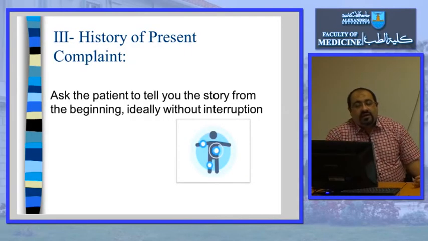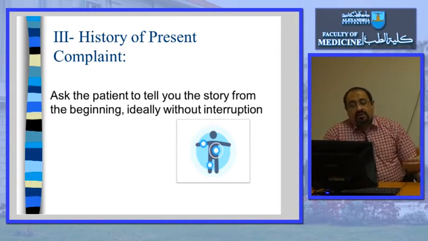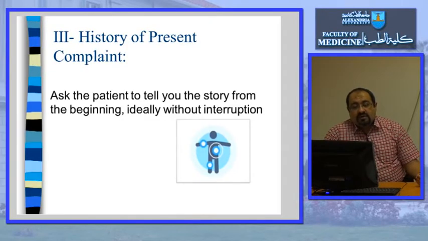After taking the complaints of the patients, we should go on to the history of the present illness, which is analysis of the complaint. We should go deep into these complaints to know more information about them. This history of present illness will help us to put a certain differential diagnosis for the complaint of the patient.